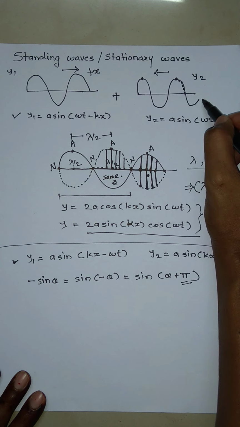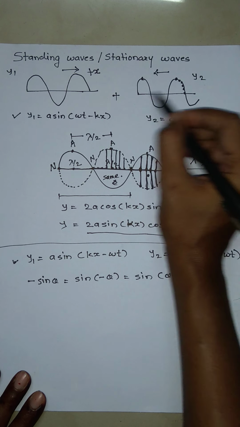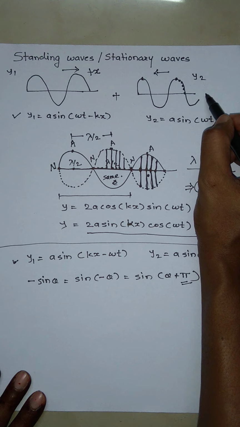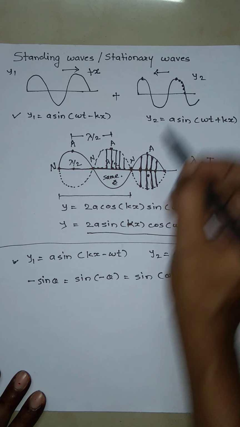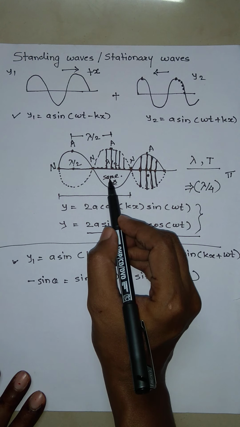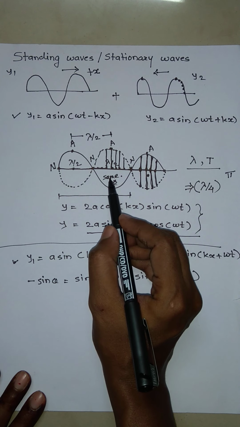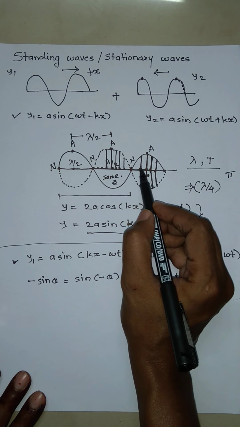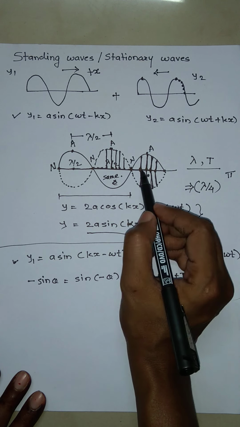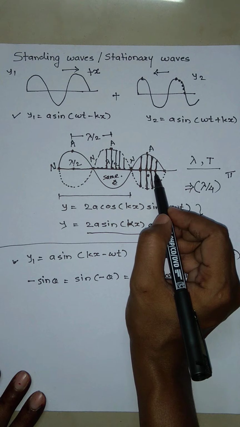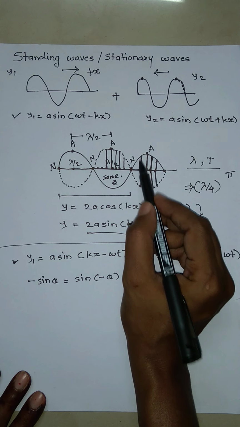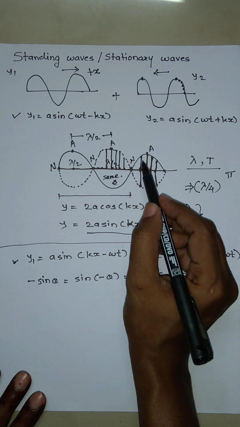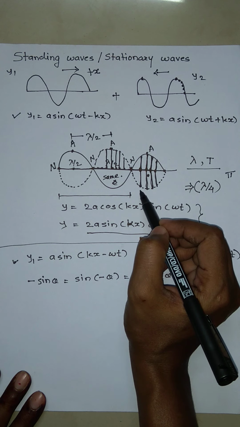A progressive wave carries energy from one location to another location. It is known for its energy transfer, whereas the standing waves are known for the storage of energy. As we are saying that these particles are not at all performing to and fro motion, forward and backward motion, rather they are performing just the vibrations about its mean position.